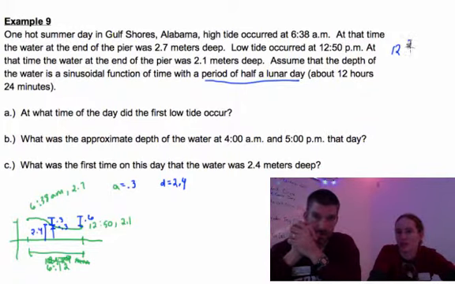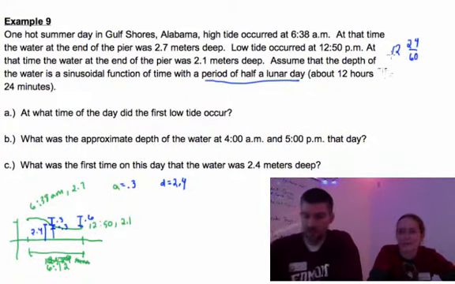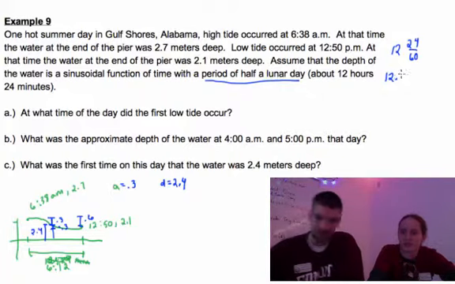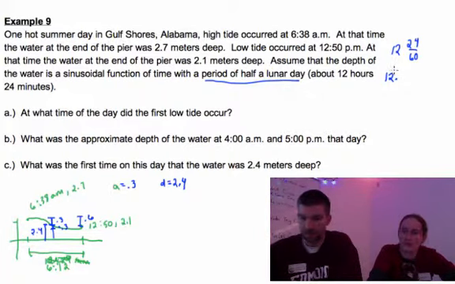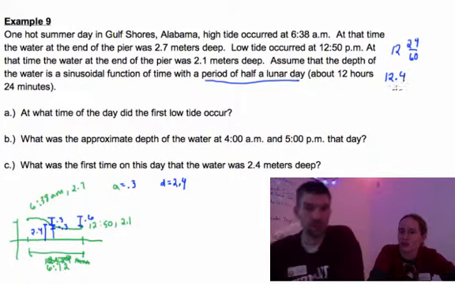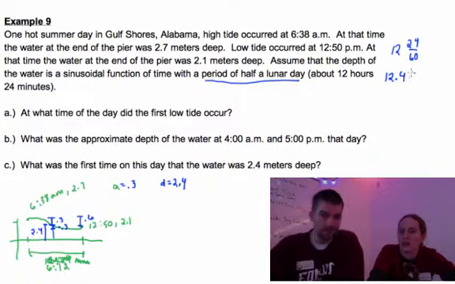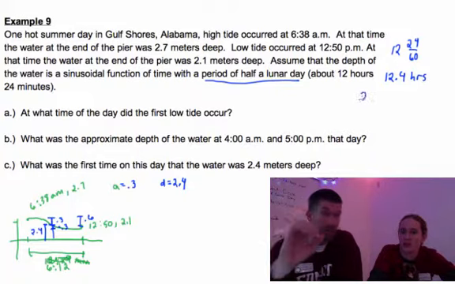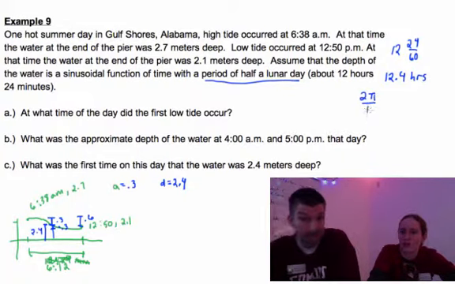We need to convert that 24 over 60 to a decimal. So 24 divided by 60 is 0.4. So 12.4 hours is equal to the period, which is 2 pi over b.